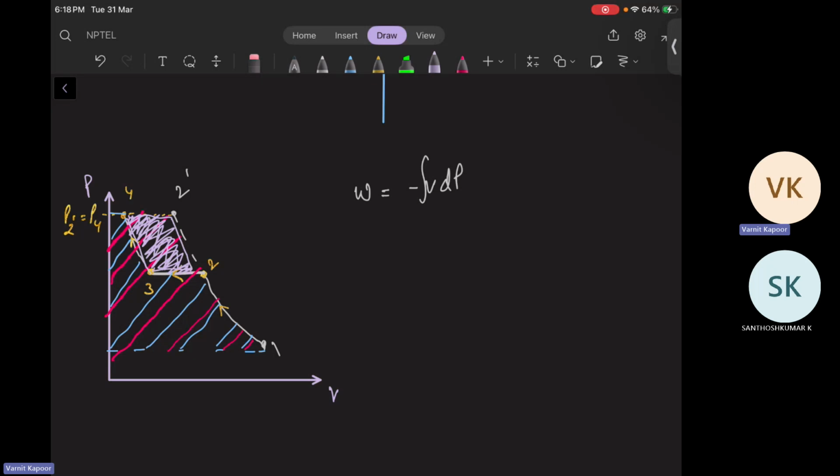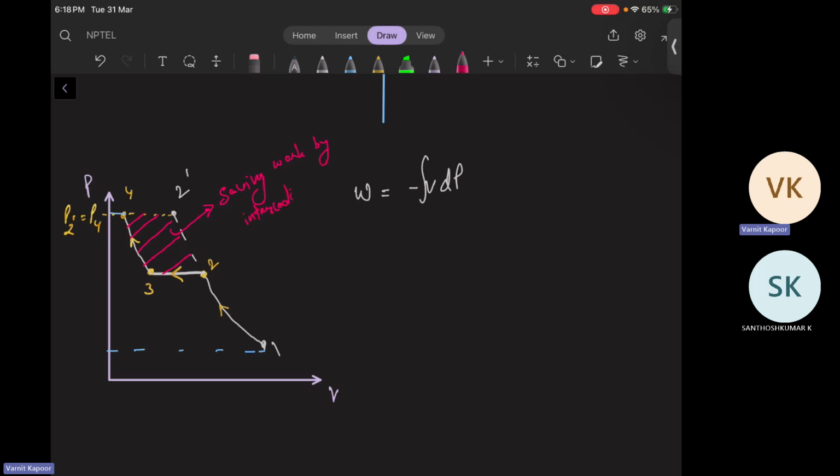Let me frame this in a better sense: this much amount of area we are saving is work saved by intercooling. Though it might have seemed like the work by the compressor has increased to reach the same pressure as 2 dash for 4, in actual sense, the area under the graph has been reduced. And let us see from the mathematical sense also. This is for open system.